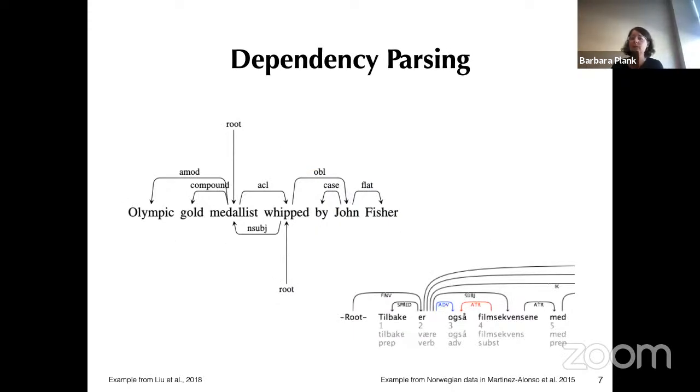We looked at a semantic task, but what about syntactic tasks? In fact, we can also find disagreement in, say, dependency parsing annotations. I'm showing two examples here. On the right, we see a Norwegian example that was annotated in a study some years back, where it's not so clear where the adverb is attached. We also see an example from the Liu et al. study, which annotated Twitter tweets with universal dependencies.